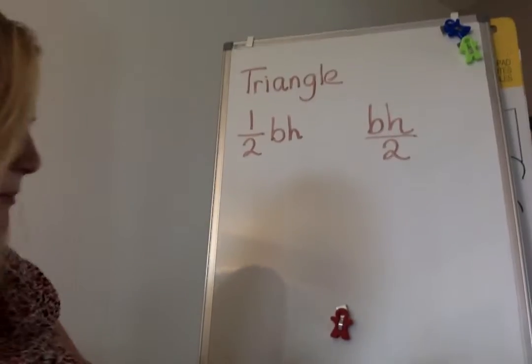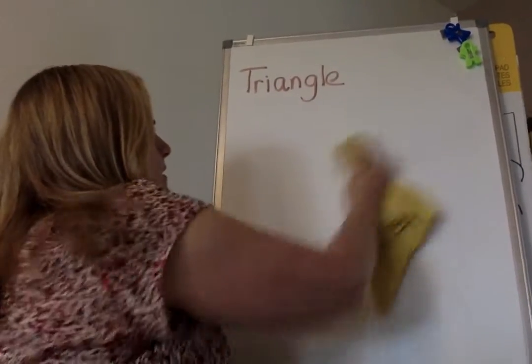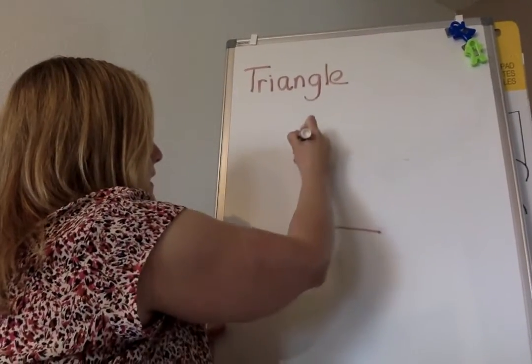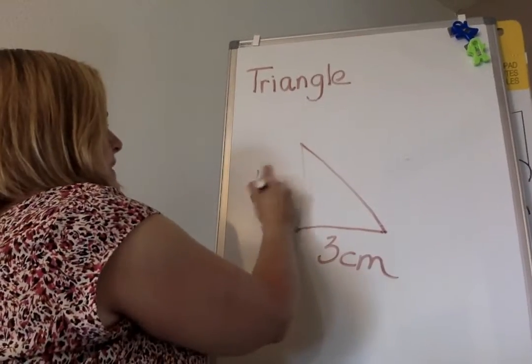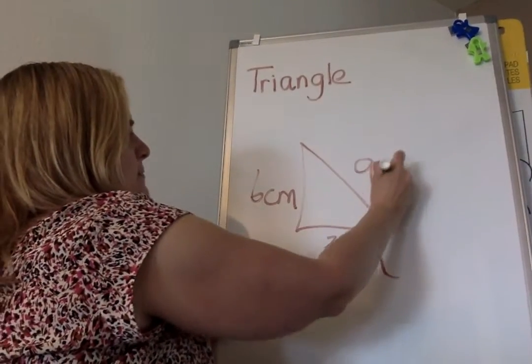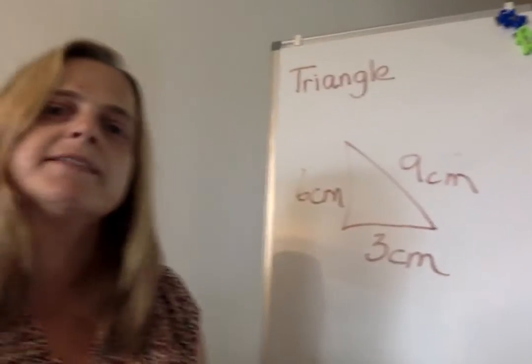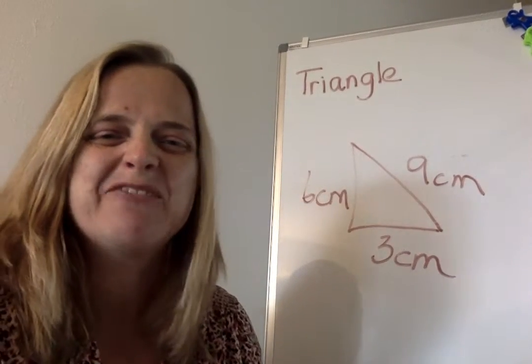Let's do just a couple together and then you are on your own. So if I draw a quick triangle this time, we can do a right angle triangle. 3 centimeters, 6 centimeters, 9 centimeters. So here's why I like to learn both formulas. If I was to half the base here, I'm going to get 1.5.